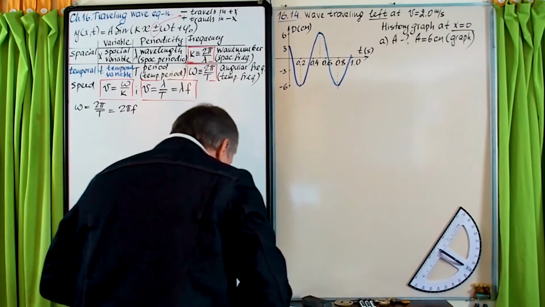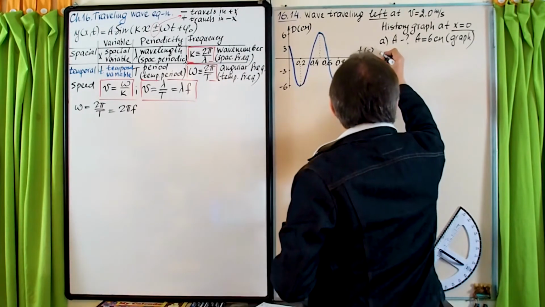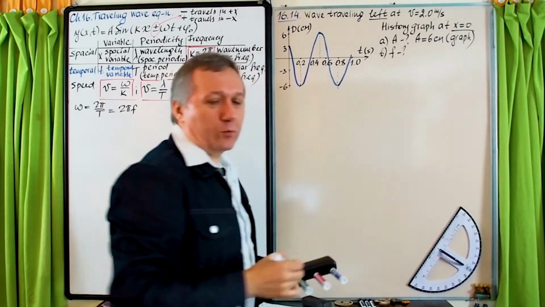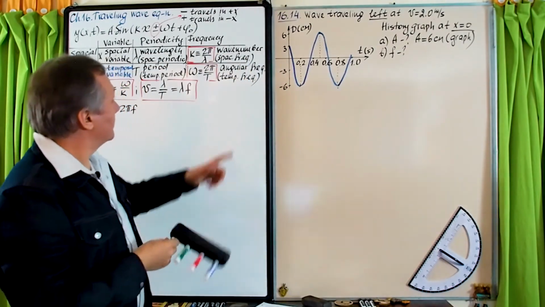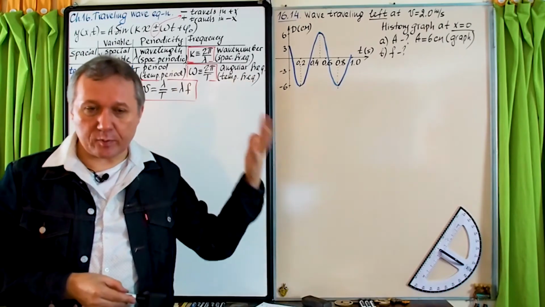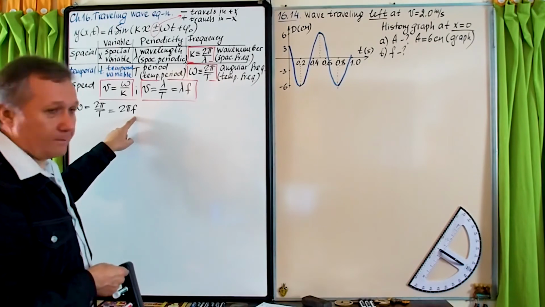Then what's next? Frequency. If there is no additional word like angular frequency, and the problem says just find frequency, it means f.